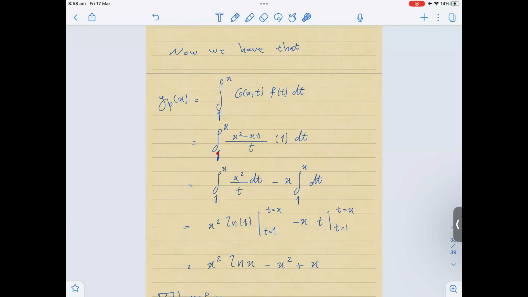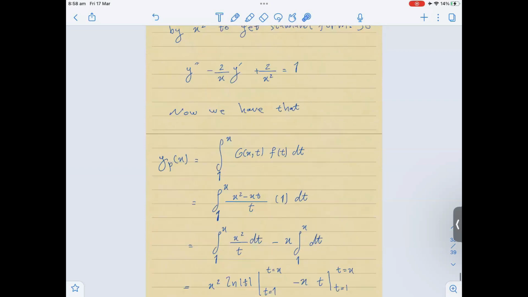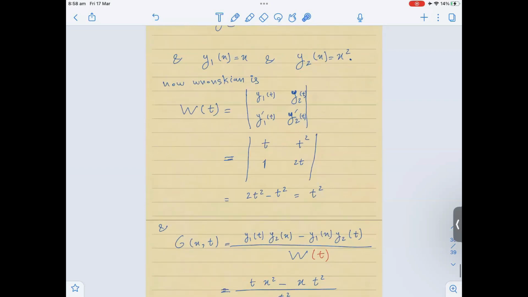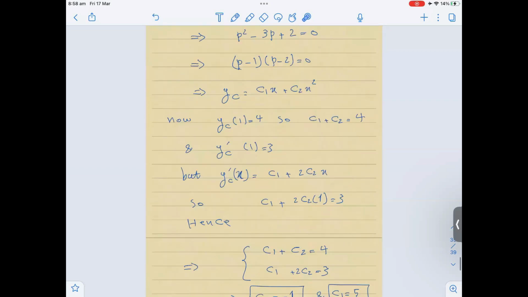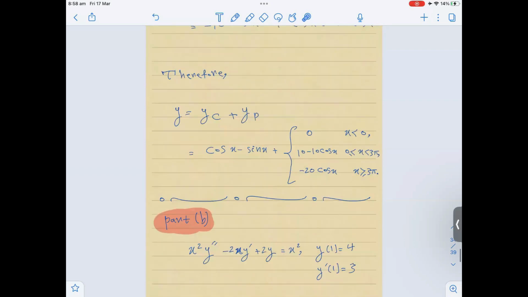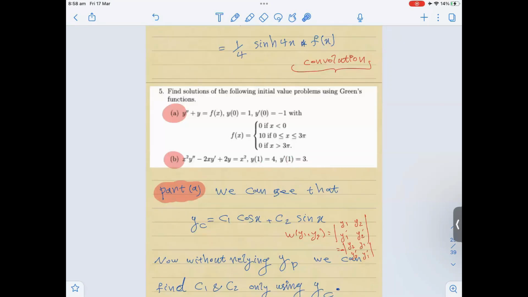Why did I put 1 here instead of 0? The initial condition starts from x equal 1. Look at this one. The initial condition is 1, 1.